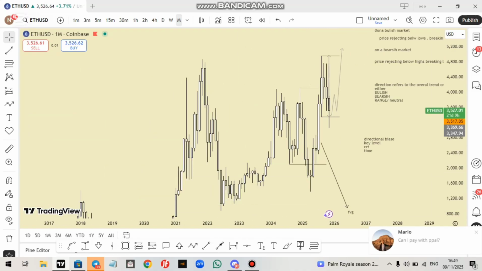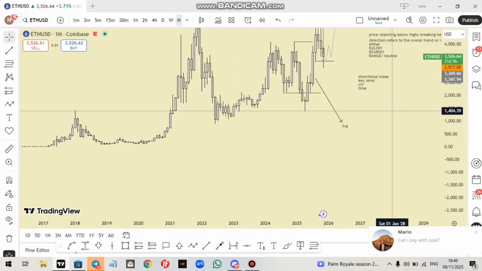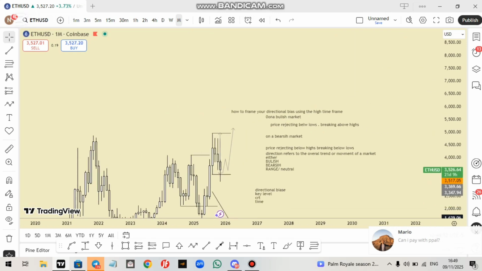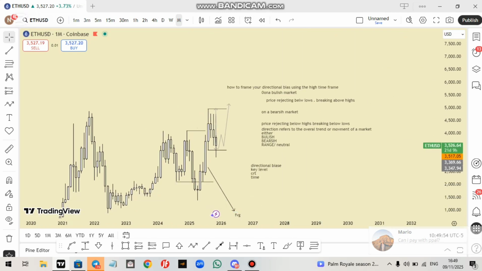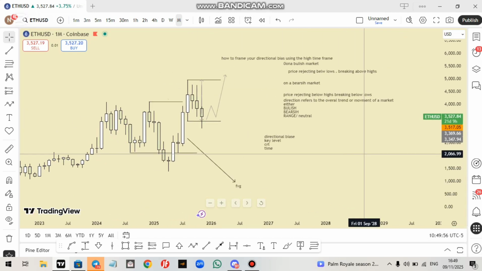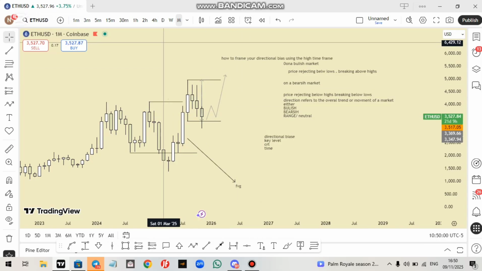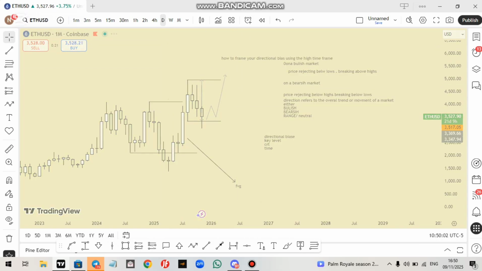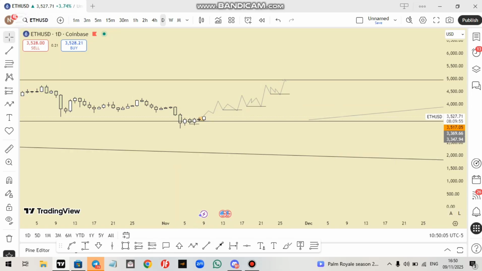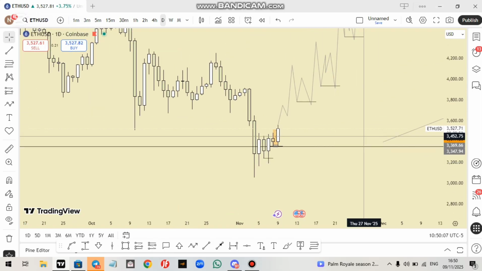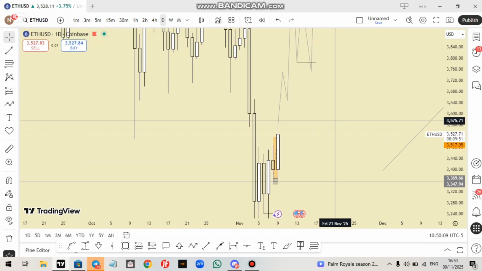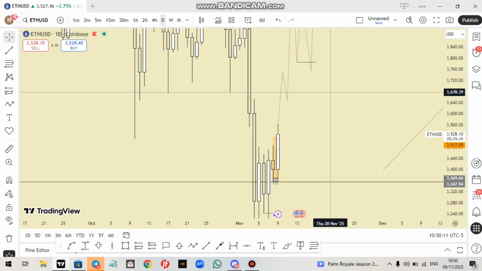We are bullish. The monthly time frame is bullish. You can stay here and frame yourself. You can move to the lower time frame and frame yourself. If it's daily time frame, fine. So we are bullish. Hope you understand.